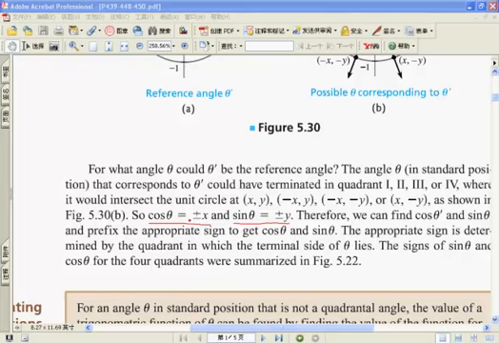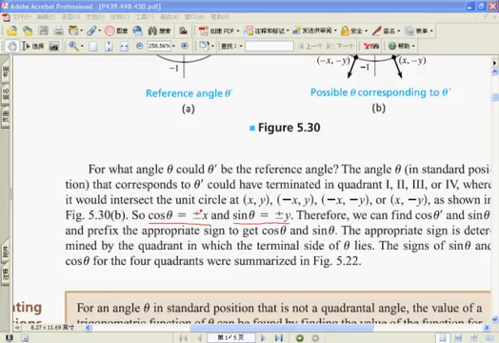So we may first use the cosine and sine of the reference angle, and then we use the position of this angle to determine the sign, and then we get the values of cosine theta and sine theta.